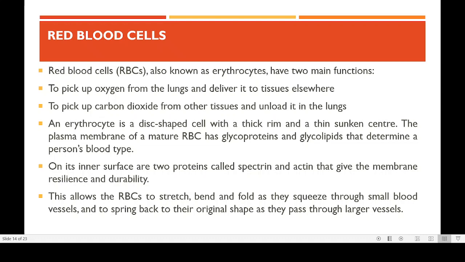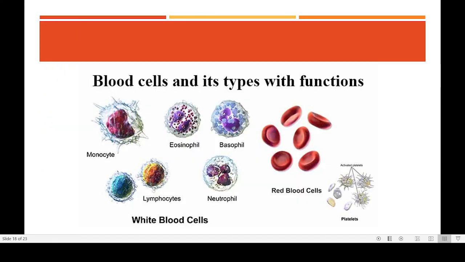So these are the two major functions normally carried out by the RBC. Now going to the structure of the RBC. Here we have already seen that the structure of RBC is something like this. It is biconcave. See, on the inner side there is a depression, the sides are thicker, the inner side is thinner. That's how it's biconcave.